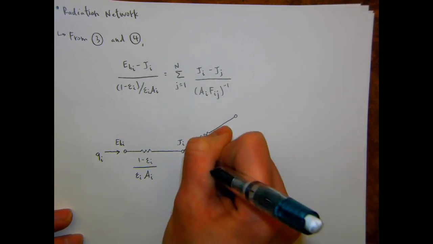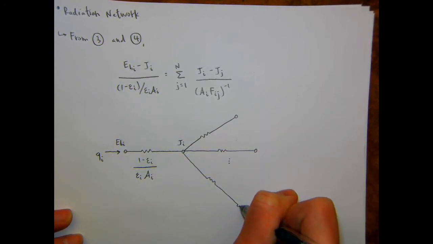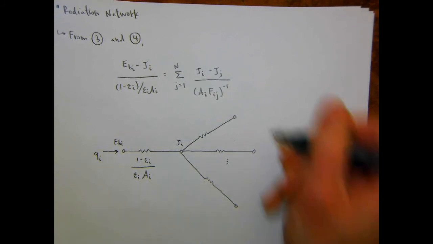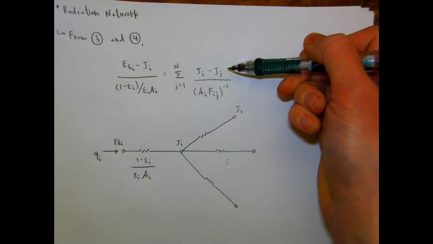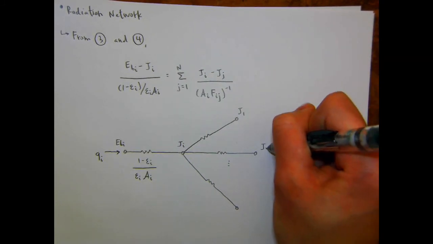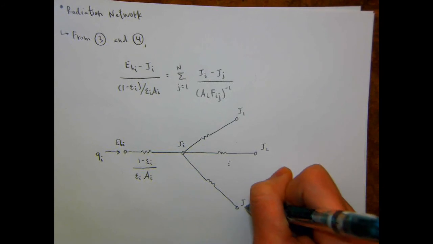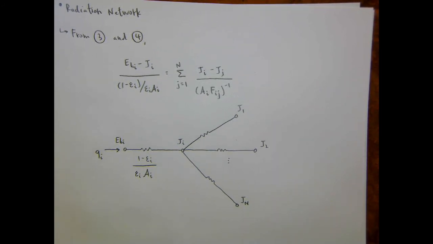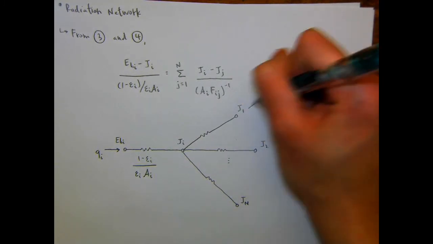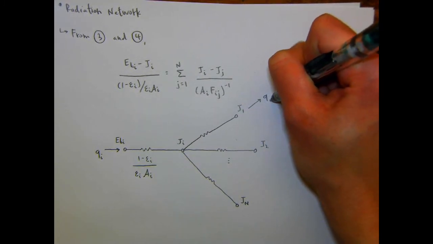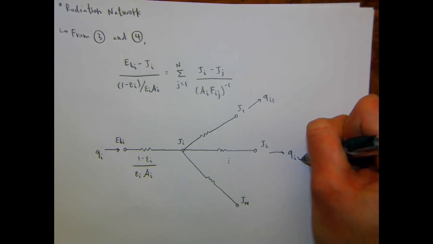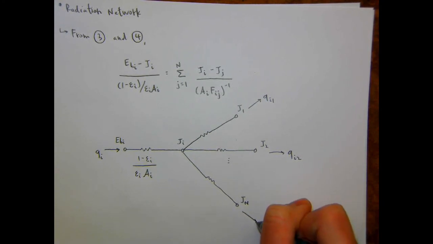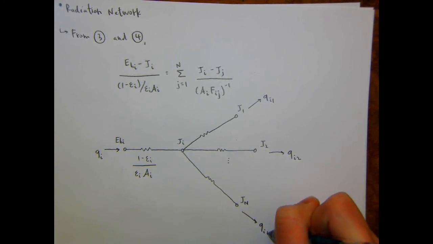So then you have over here the radiosities J sub j summing up over j, so J sub 1, J sub 2, all the way until J sub n, so n the number of surfaces. And then here we have our net radiation exchange between the surface of interest and surface 1, between the surface of interest and surface 2, surface of interest and surface n.